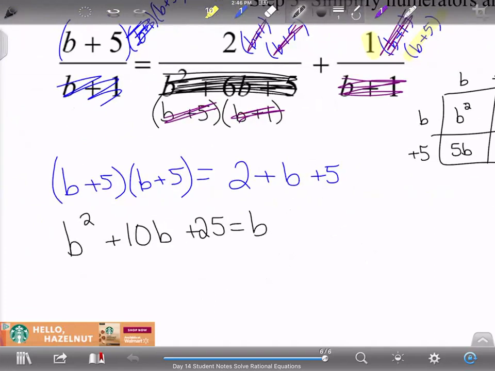And then on the right-hand side, I'm going to go ahead and combine the 5 and the 2 to give me b plus 7. Now that I've done all that, I'm going to go ahead and look at the equation I have left, and I'm going to decide whether it is linear or quadratic.